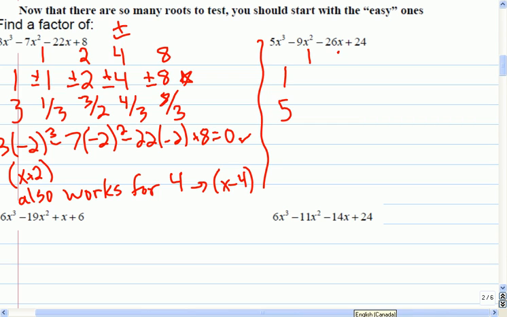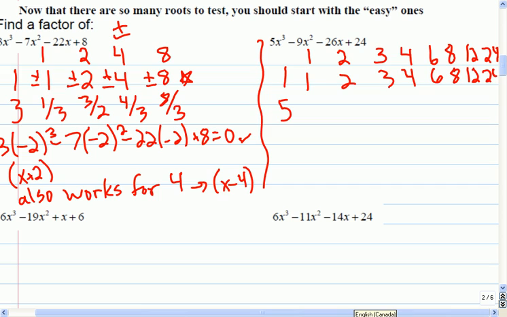And 1, 2, 3, 4, 6, 8. Sorry? X equals negative 2. Yeah, that'll be one of our roots that works here. 12 and 24. So the first row is the friendliest. So this is where I would start our search. And remember, don't forget, you're looking for both the plus and negative choices.